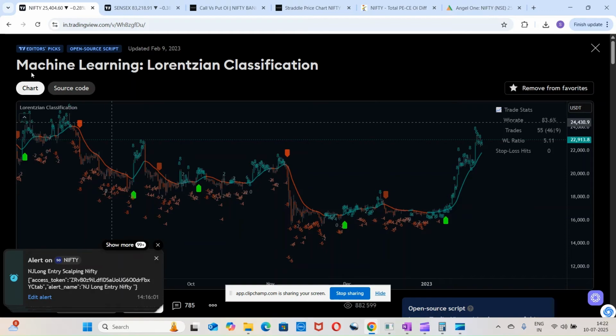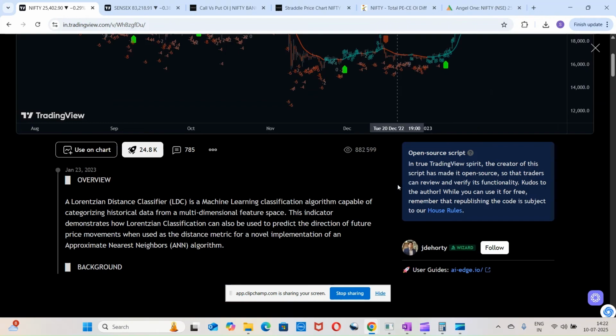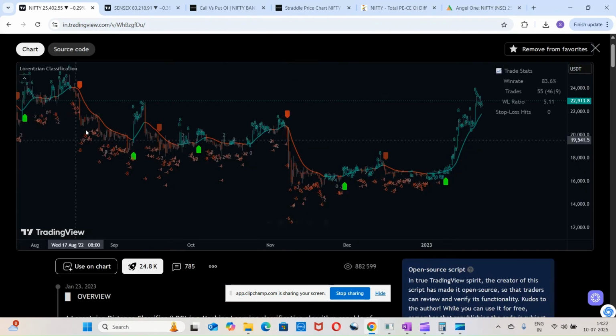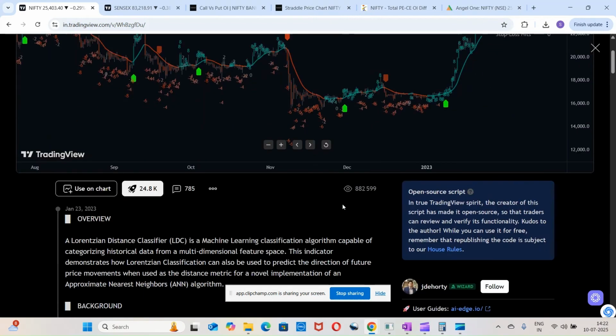This is a machine learning Lorentzian classification. It's pointing out some numbers and giving you a signal. This is a sell signal, this is a buy signal, and numbers are being pointed. Red numbers mean sell, and green numbers mean buy. Let's go deeper into this.